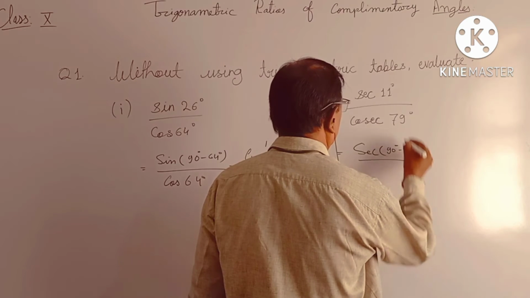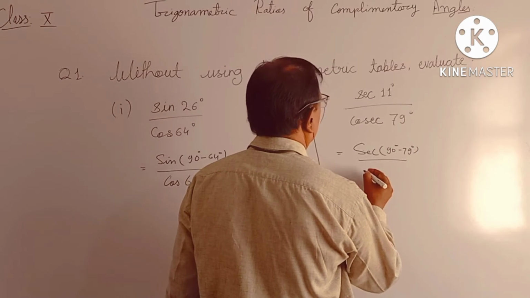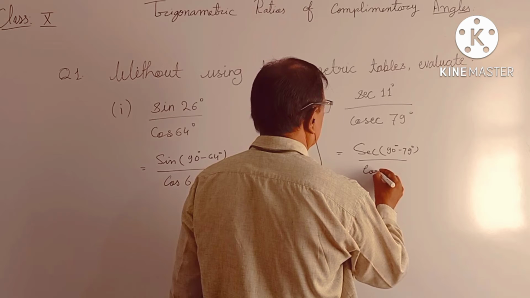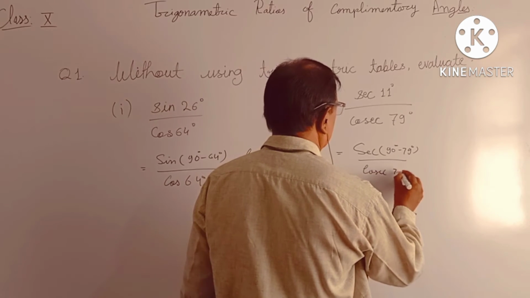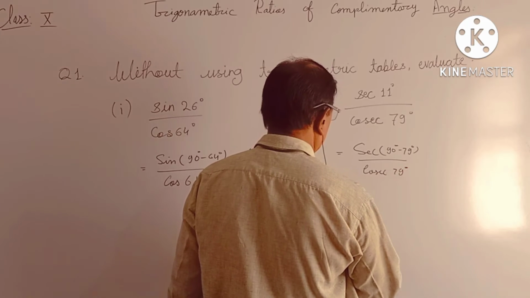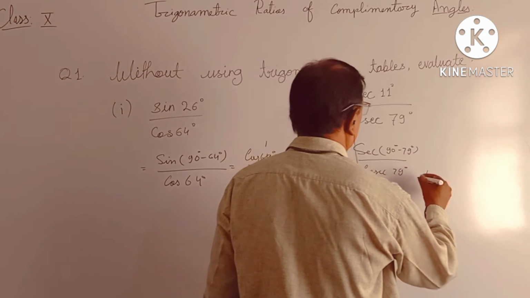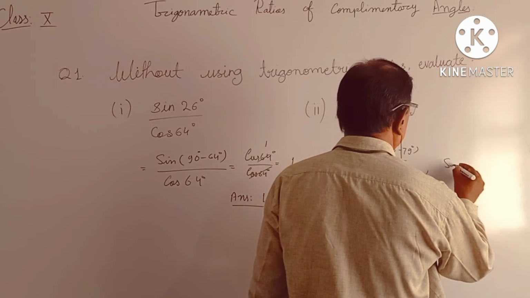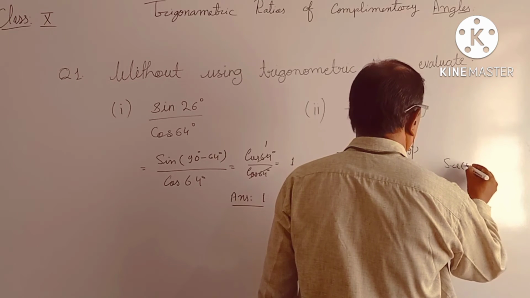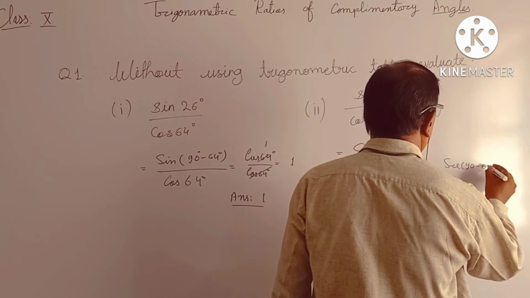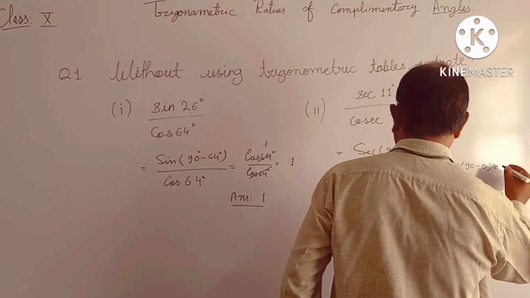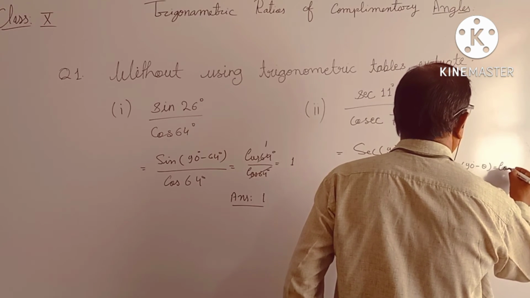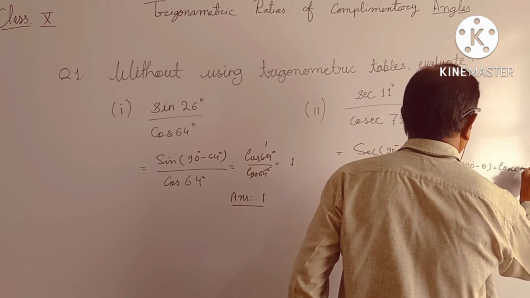This way we get 11 degrees here, and here it is cosec 79 degrees. We write the rule as sec 90 minus theta equal to cosec theta.